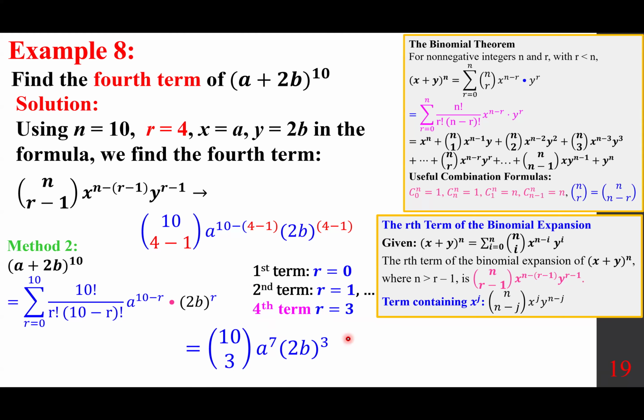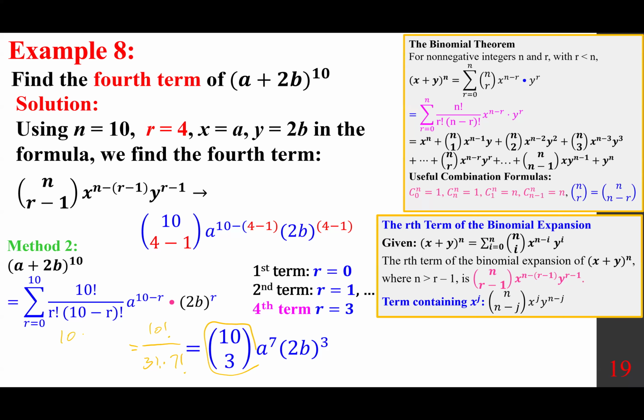Now 10, 3, you work it out. This is a to the power of 7. This is 8b cubed. 10, 3: 10 factorial over 3 factorial times 7 factorial.